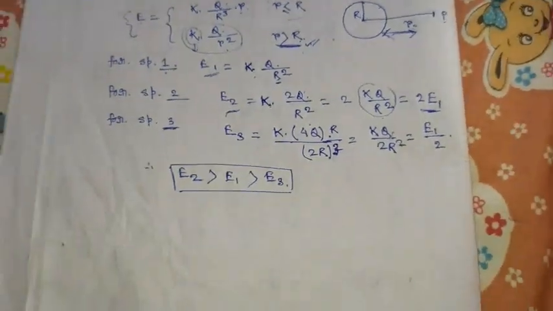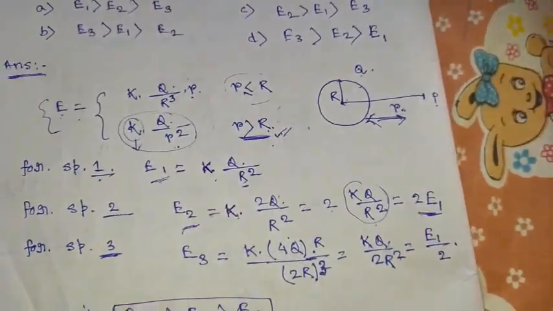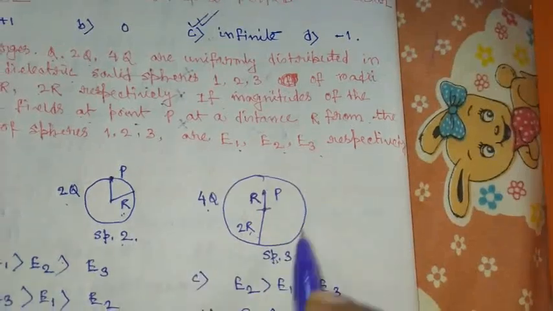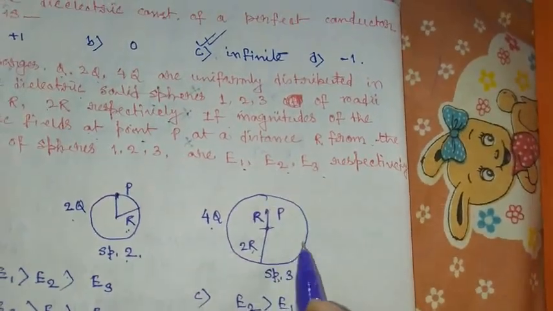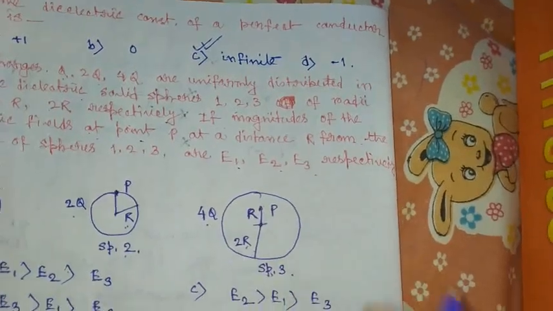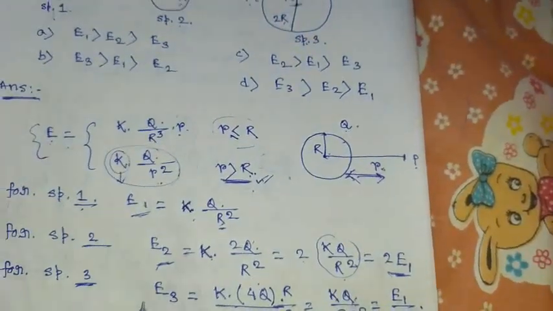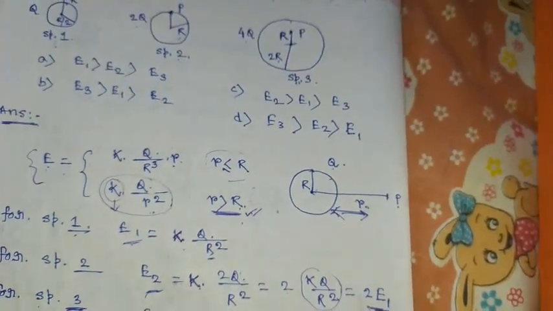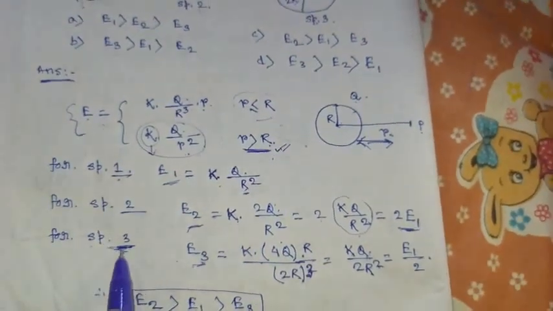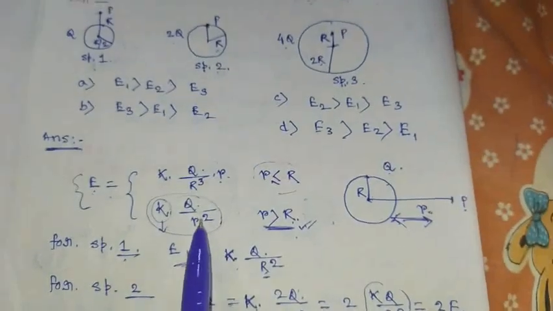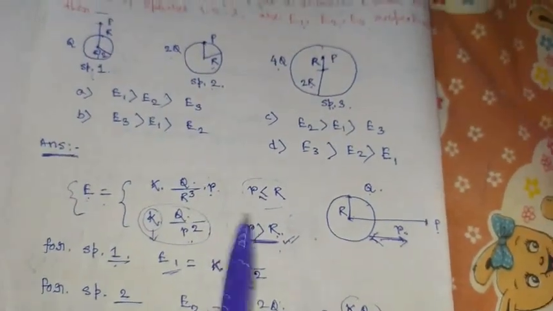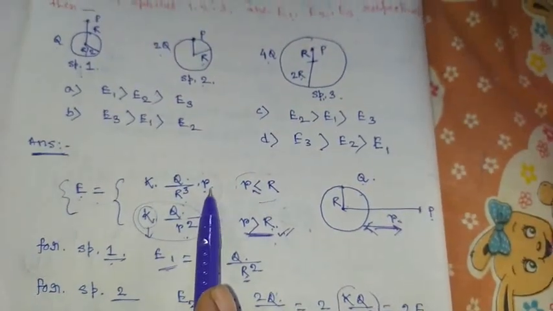Now the complicated case for the inside point. Point P is inside sphere 3, because sphere 3 has the radius of 2r. So the electric field E3 for sphere 3 is governed by the relation k Q by R cube into r.